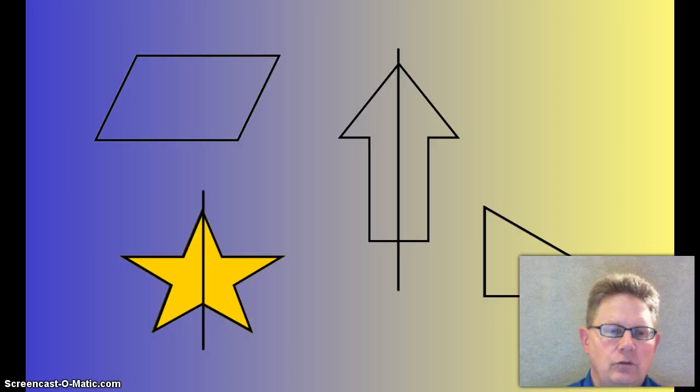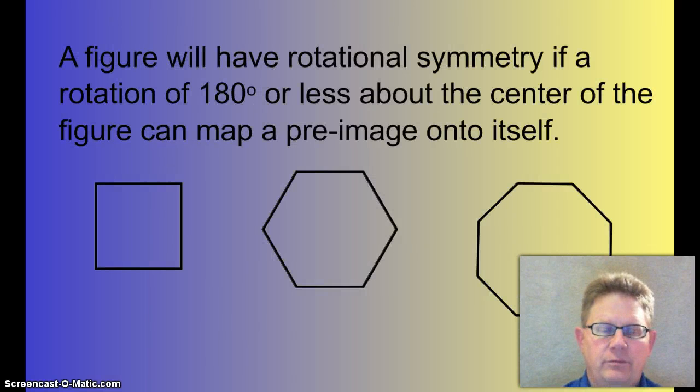And that leads us to the other kind of symmetry, and that would be rotational symmetry. A figure will have rotational symmetry if a rotation of 180 degrees or less about the center of a figure can map a pre-image onto itself. Okay? So looking at this square right here, can we rotate it less than 180?